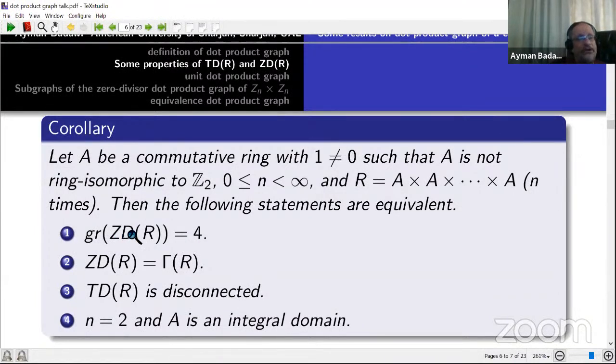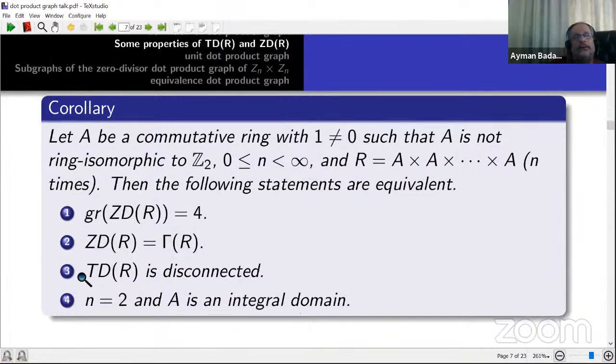I keep saying zero divisor and zero dot product, because remember, in the zero dot product graph of R, the vertices are the set of all non-zero zero divisors of R. All right, so if you tell me the girth is 4, then I know that the total dot product graph is disconnected, and I know that n has to be 2 and A has to be an integral domain.